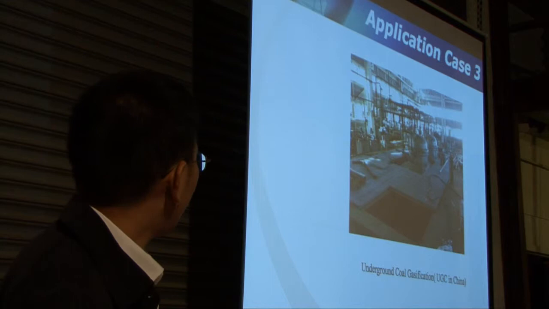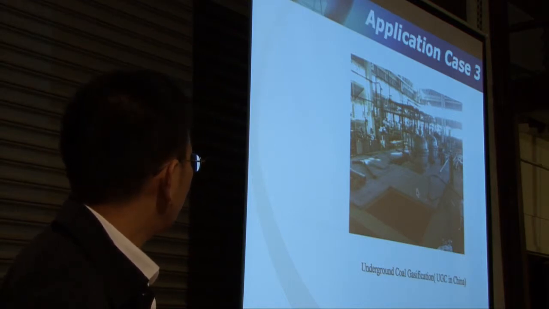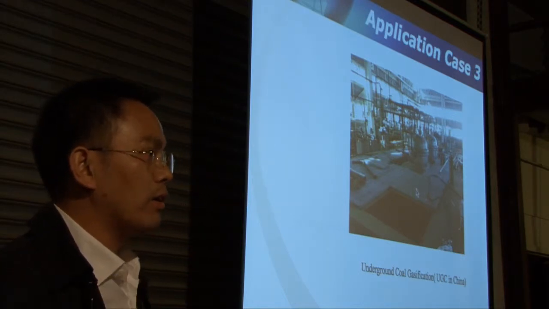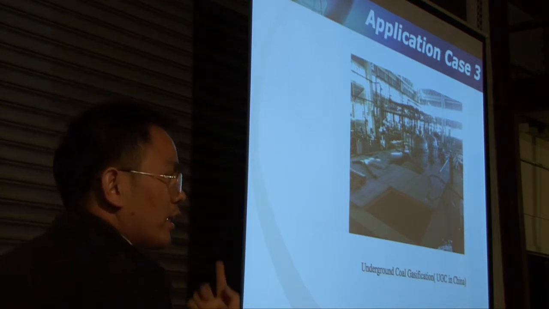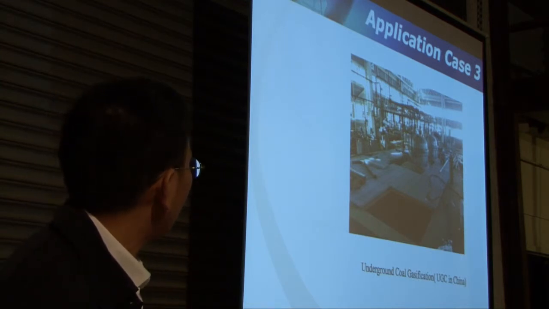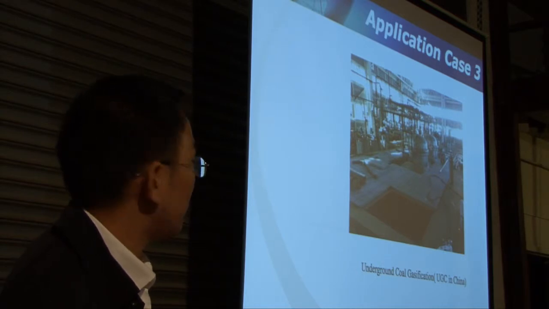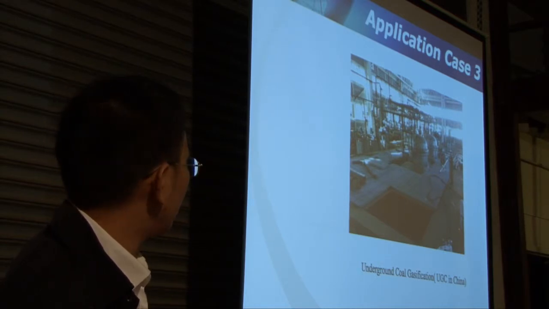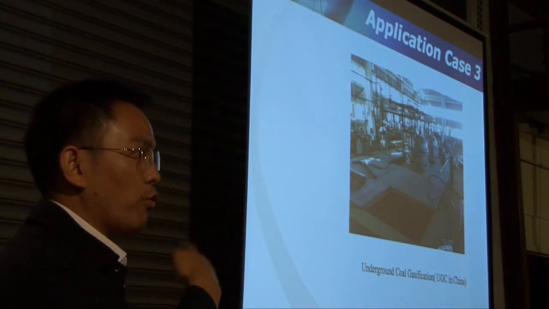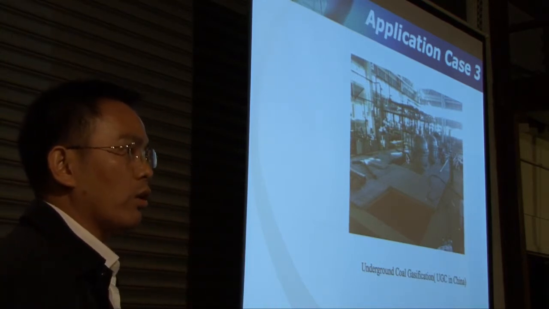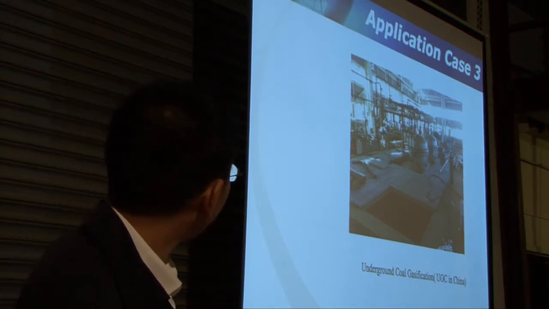In China they are also very rich in this kind of coal but have no way to carry it out. With an underground gasifier, the gas comes out at high pressure. A very famous big company in China does this kind of research, so we supply this monitor system for them, for the underground coal gasification monitor system.